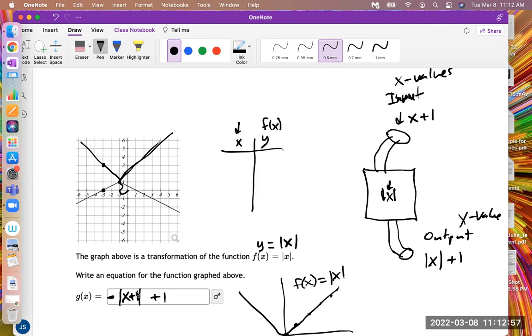And now we kind of have to think about this, and you may even want to just try a few problems to make sure that this is the correct expression. Because I'm kind of curious, do I have to make this 1 negative as well? The whole function right now is negative, but do I have to make this negative one as well? I don't think so, but it does not look like it.